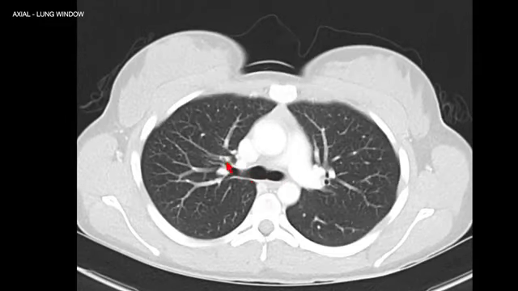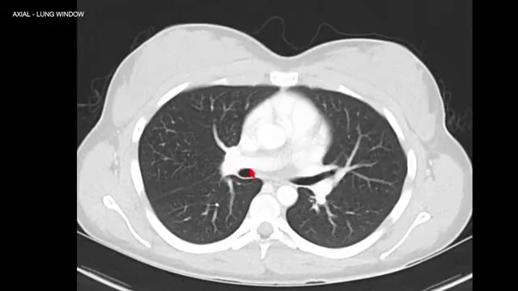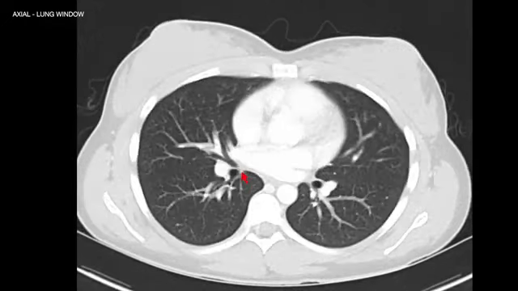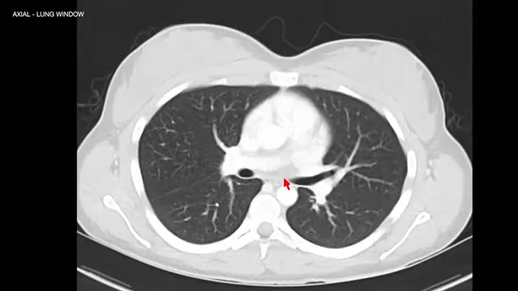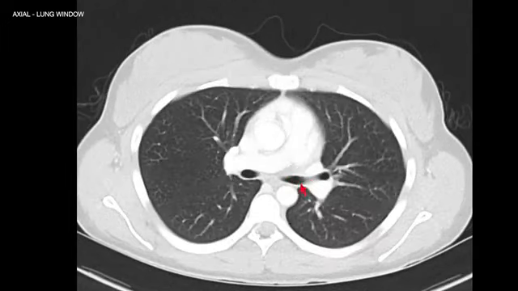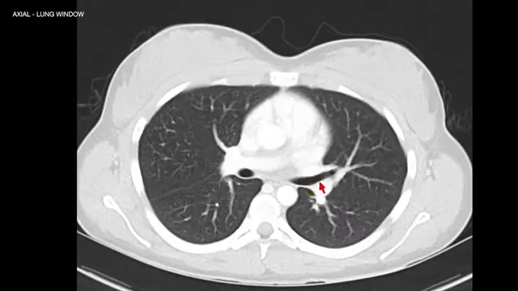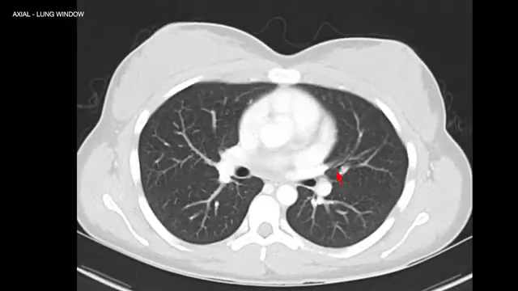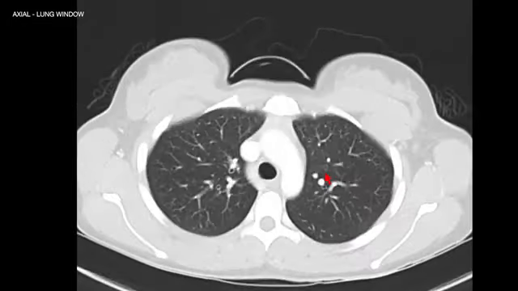From the right, the first bronchus to arise is the right upper lobe bronchus. We have the bronchus intermedius bifurcating into middle lobe and lower lobe bronchi. The left mainstem bronchus divides into left upper lobe and left lower lobe bronchi, with the lingula branch coming off the left upper lobe bronchus.